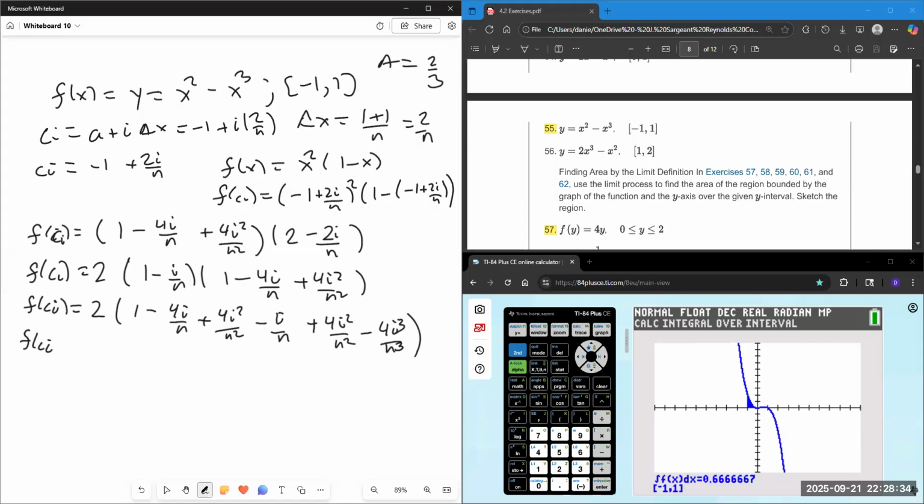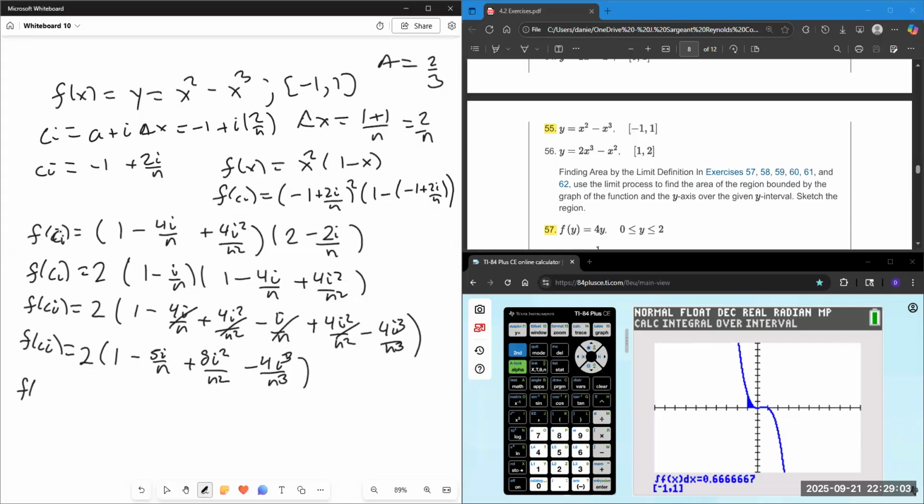F of ci is 2 times 1 minus 5i over n plus 8i squared over n squared minus 4i cubed over n cubed. -5, +8, -4.